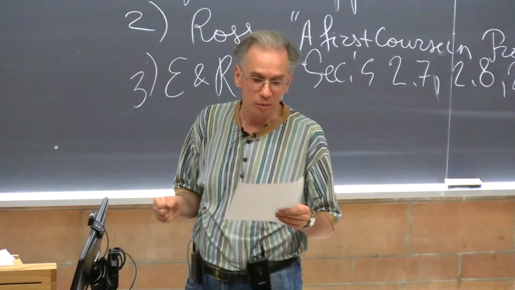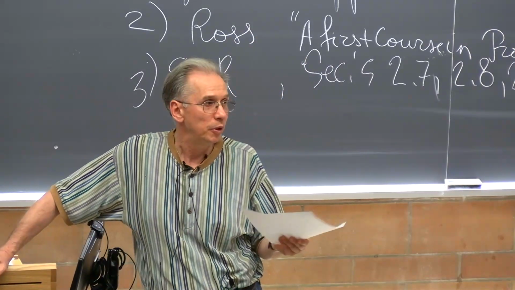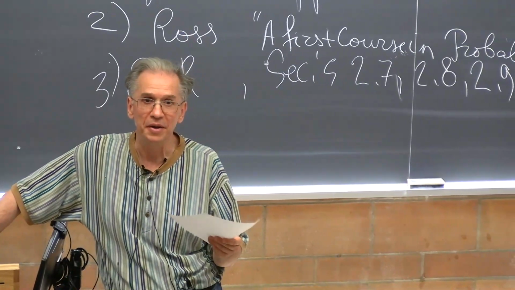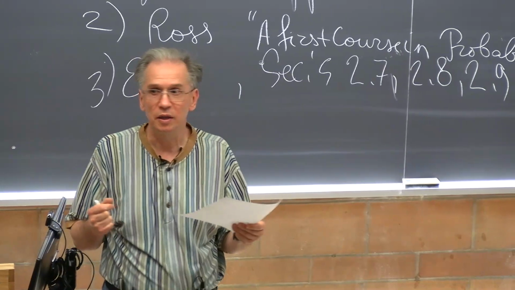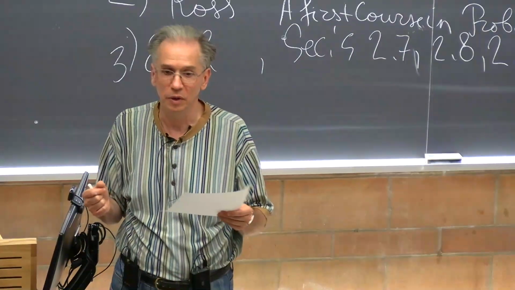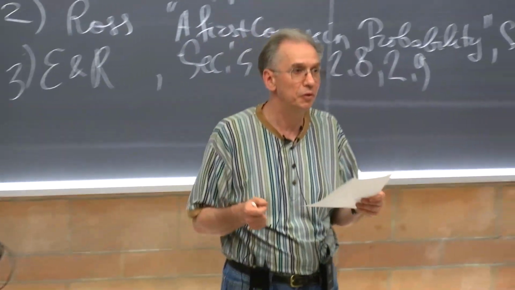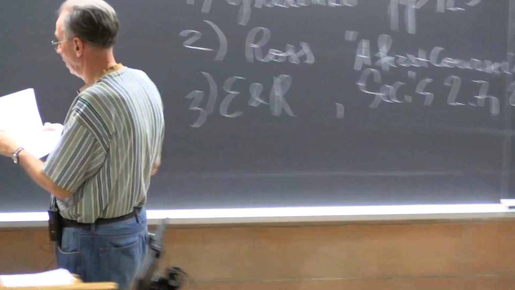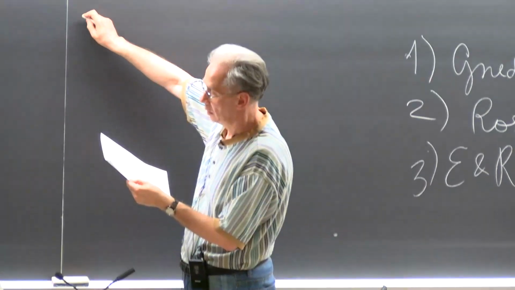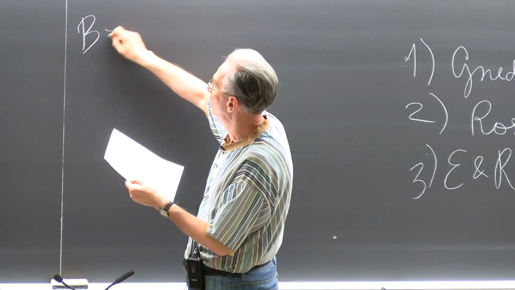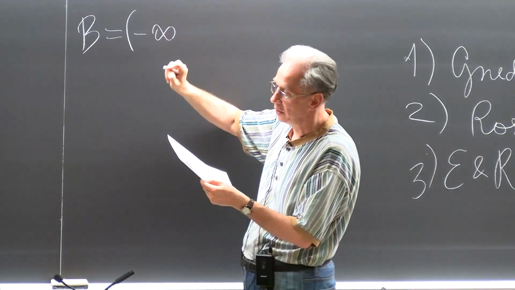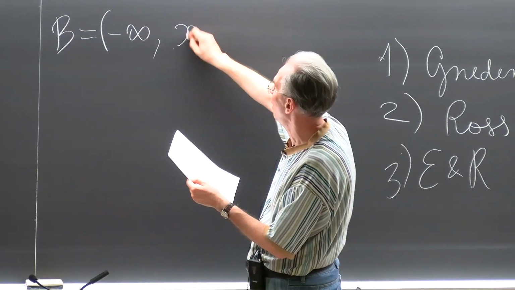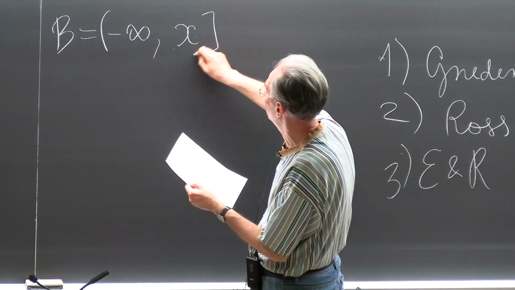I spoke about the probability measure on the real line that is generated by a specific random variable X. We discussed the Borel sigma field on R1, and then I introduced specific Borel sets on R1, which are intervals from negative infinity to x inclusive, where x is fixed.